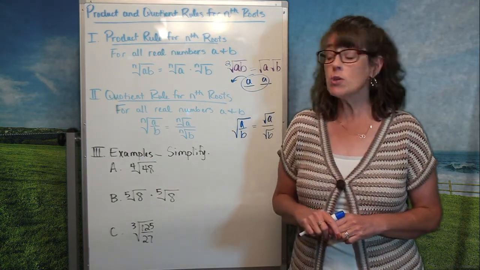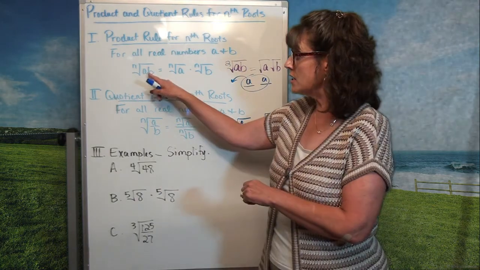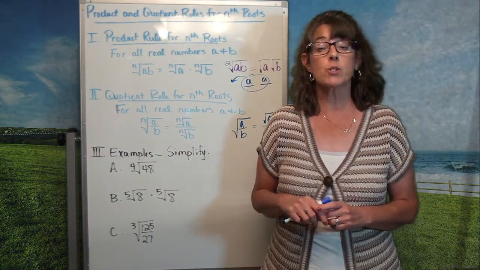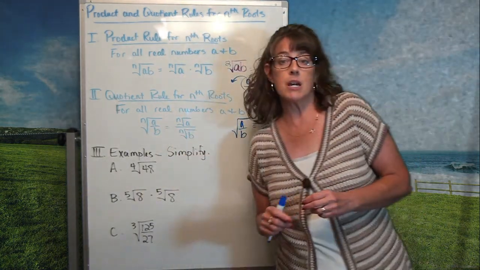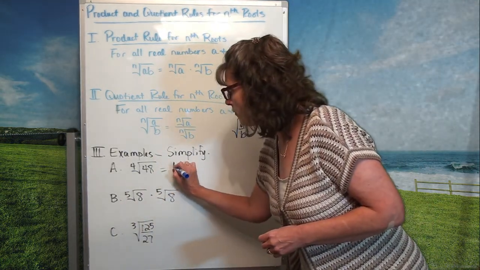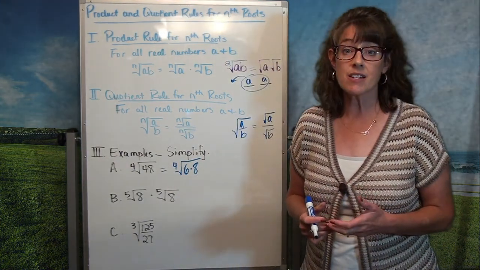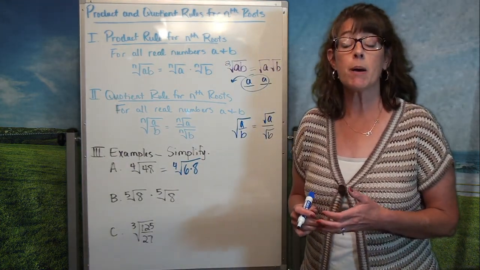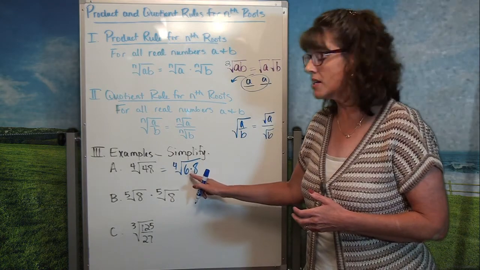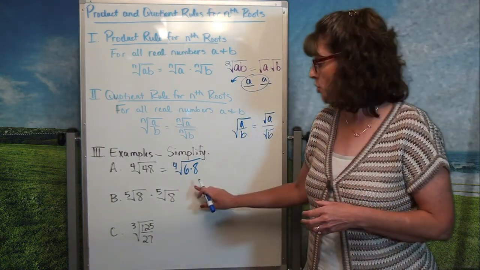So what I'm going to do then with my 48 is I'm going to employ this product rule, and I'm going to split it up into its factors. In other words, let's break down, and try to find sets of 4. Well, I know that 48 is 6 times 8, but that doesn't help because I can't think of a number that I can multiply by itself 4 times to create a 6. I can't think of a number that I can multiply by itself 4 times to create an 8.